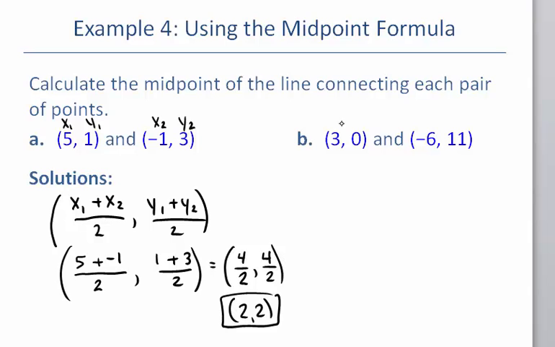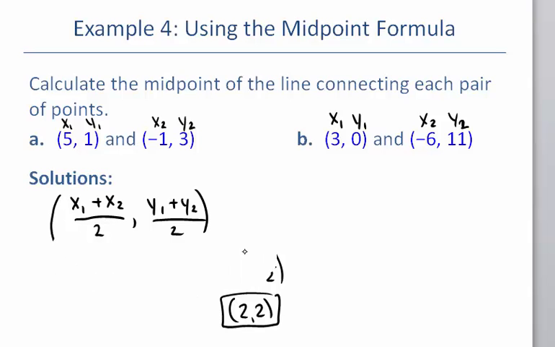For our second example, again, our first point is 3, 0. So x1 is 3, y1 is 0. Our second point is negative 6, positive 11. So x2 is negative 6, y2 is positive 11. And we'll do the same thing. We have our formula written here. And so we're going to plug our x's into the formula.